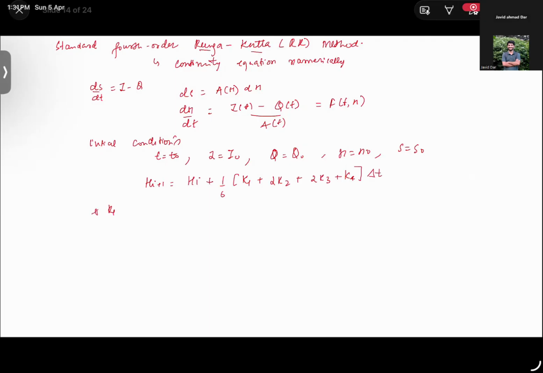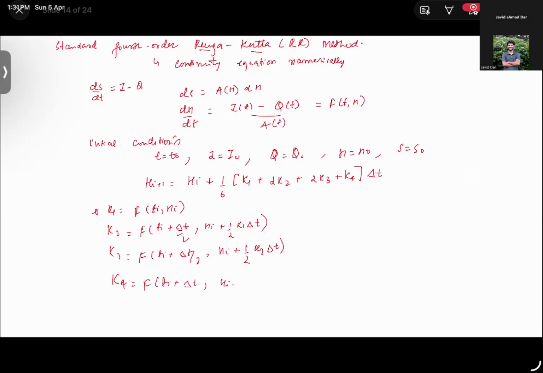This k1 is a function of t i comma h i. K2 is a function of t i plus delta t divided by 2 comma h i plus half of k1 times delta t. Similarly, k3 is a function of t i plus delta t divided by 2 comma h i plus half of k2 times delta t. K4 is a function of t i plus delta t comma h i plus k3 times delta t.